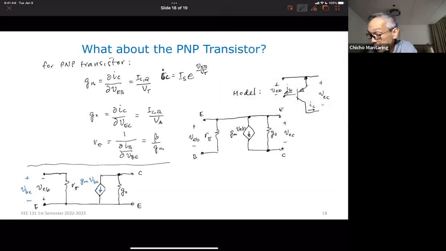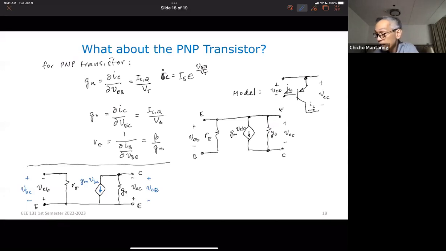And then again, this is plus minus VEC. So instead of saying plus minus minus plus VEC, I will just say plus minus VCE.